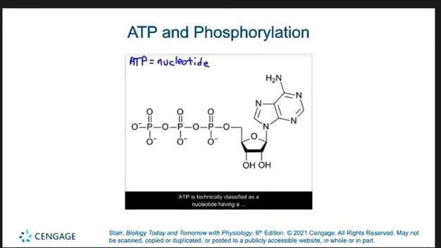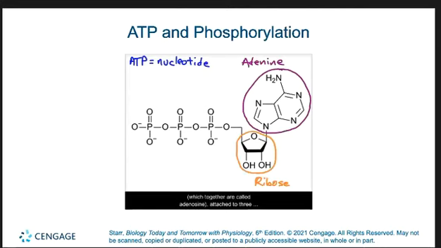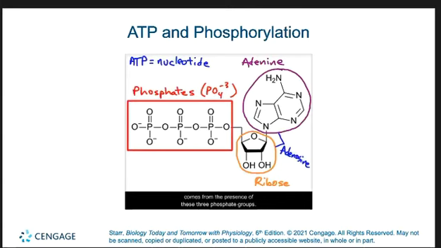ATP is technically classified as a nucleotide having a three-part structure. It consists of a molecule of the nitrogenous base adenine bound to the sugar ribose, which together are called adenosine, attached to three phosphate groups. The term triphosphate comes from the presence of these three phosphate groups.